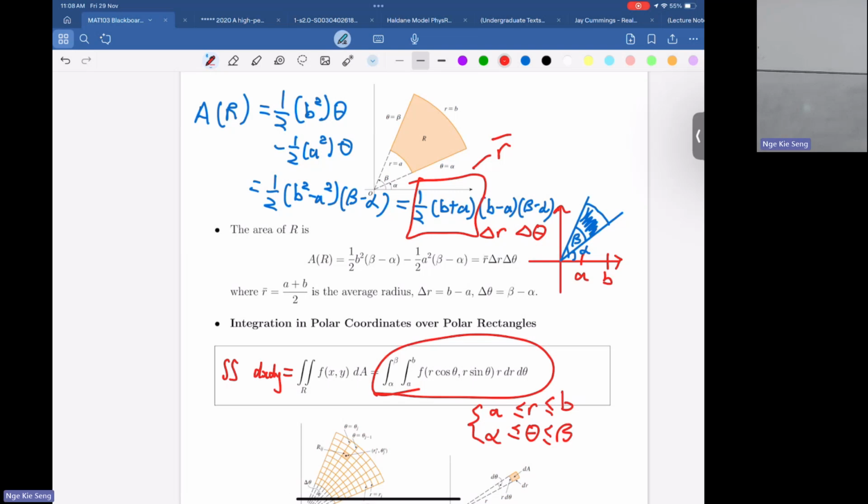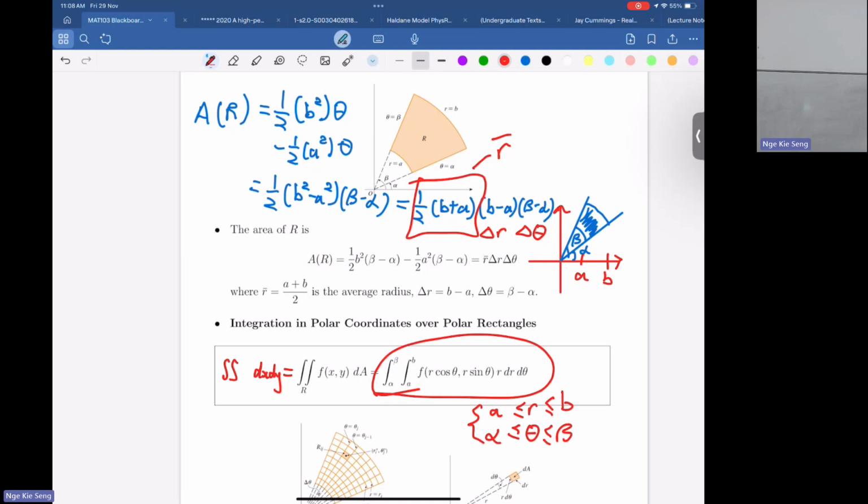Later we'll show you that the Jacobian of this is R. I'm just hinting that this R pops up whenever we compute the area of a polar region. It's not a precise way to say why R comes out like that. There's a more precise way to do it, which is the Jacobian, later.